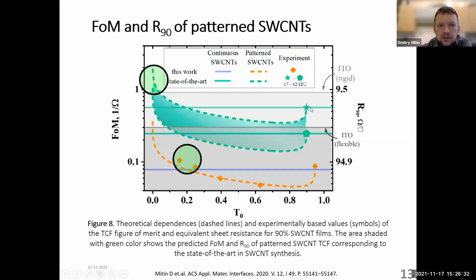Green color shows the best known results for continuous layers, and here we show that if we use low transmittance continuous layers for patterning, we can get patterned films with very low resistance, lower than ITO on rigid substrates, and with a low figure of merit.